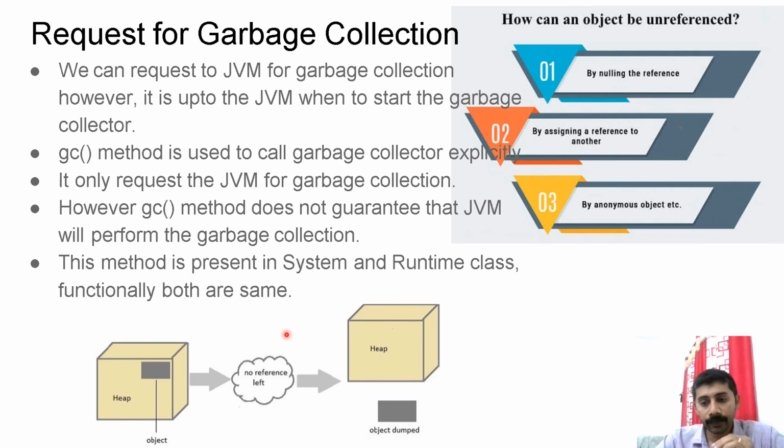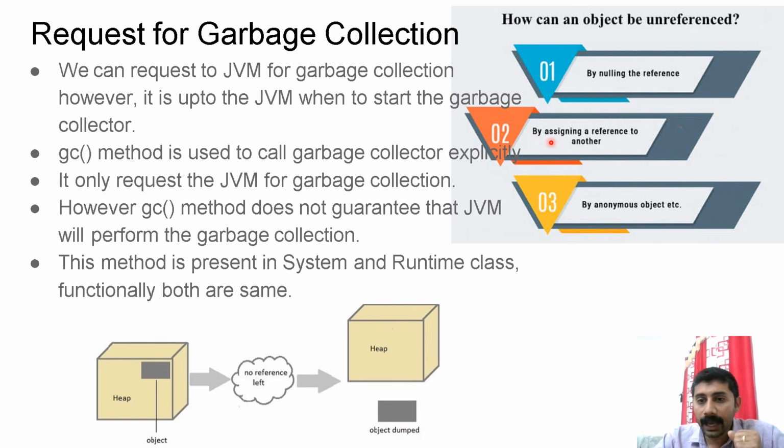You can request it, but it may or may not perform the cleanup immediately after gc. That is not guaranteed. But once you are done using the object, you have to assign a null value so that you can clean up that reference.